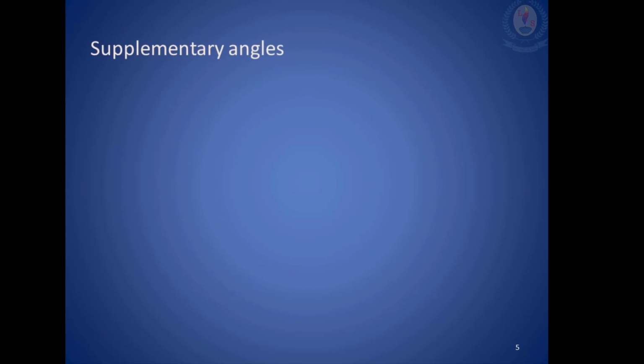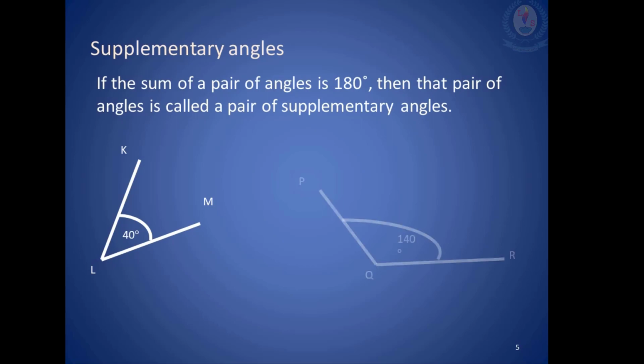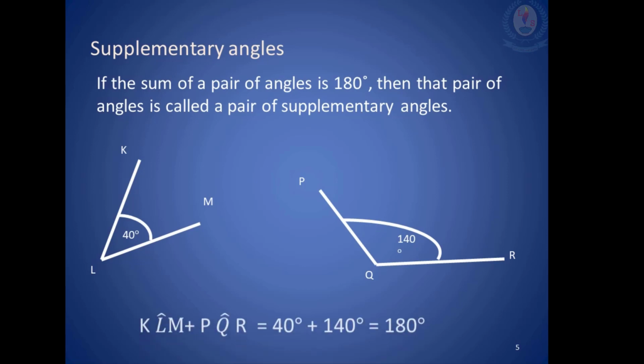Let's see supplementary angles. If the sum of a pair of angles is 180 degrees, then that pair of angles is called a pair of supplementary angles. Now you can see two angles here, angle KLM and angle PQR. Now take the sum of these angles.